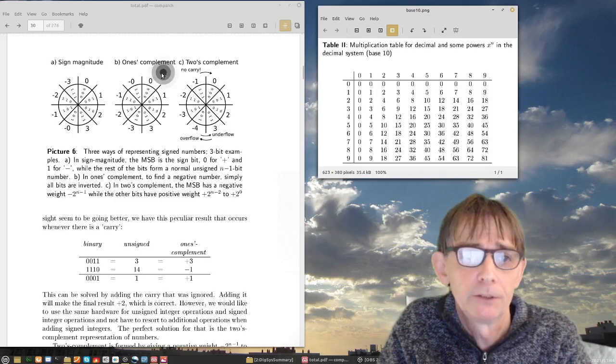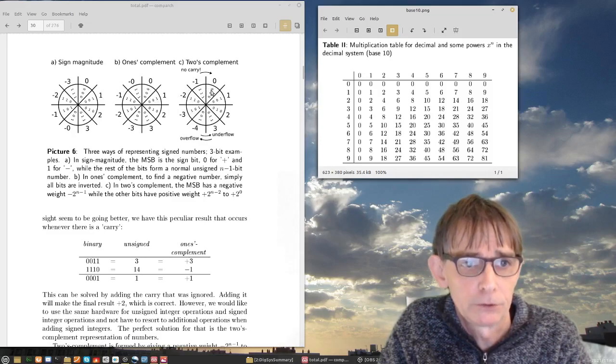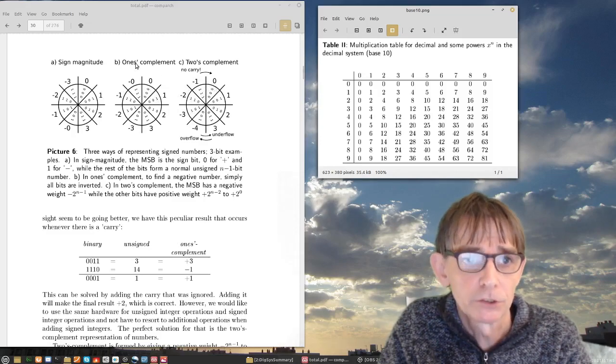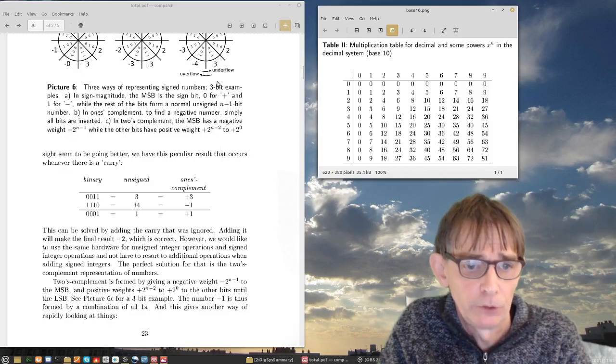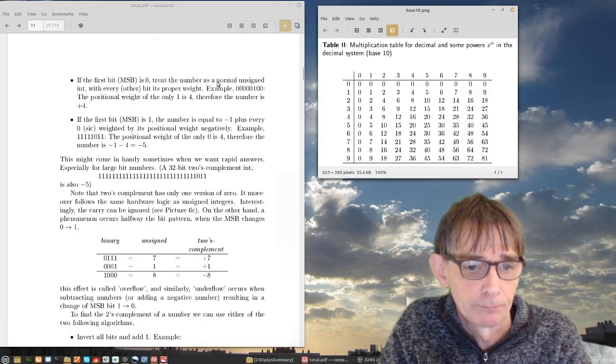In one's complement, you have the same problem. In one's complement, for negative numbers, you just invert all bits. And in two's complement, as you know, you take the complement of 2. These were the negative numbers.